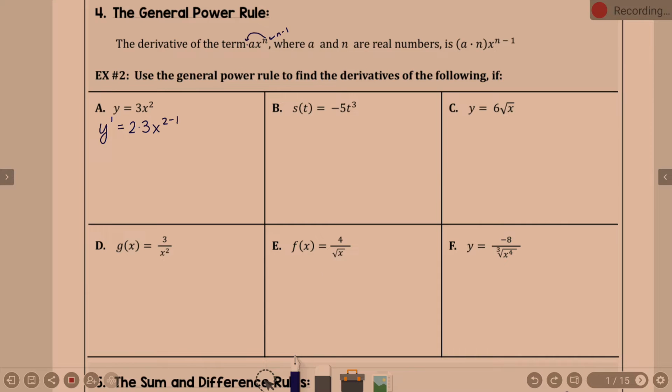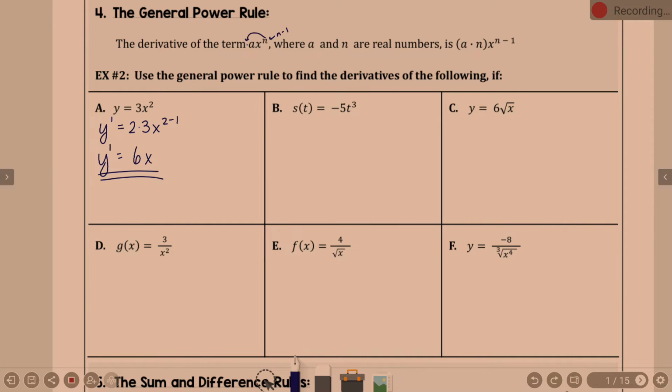Subtract 1. So 2 times 3 times x to the 2 minus 1. Do we have to have parentheses? You do not have to have parentheses on any of this. All we have to do is clean it up. 2 times 3 is 6x. And there you go. Nice.